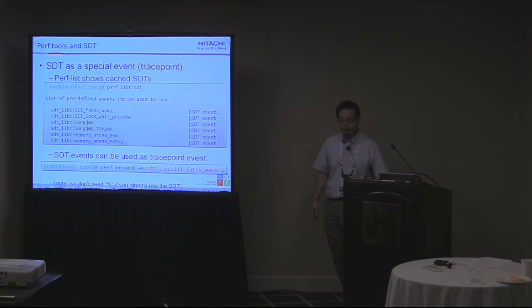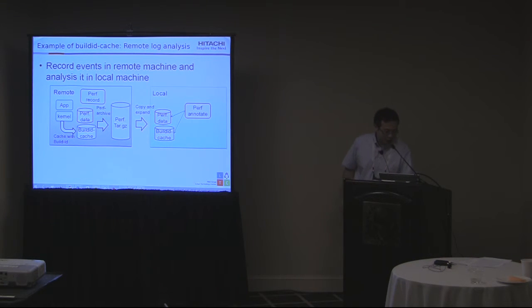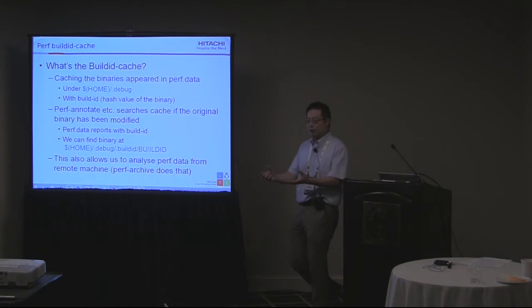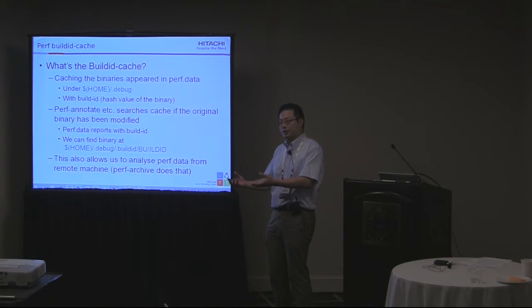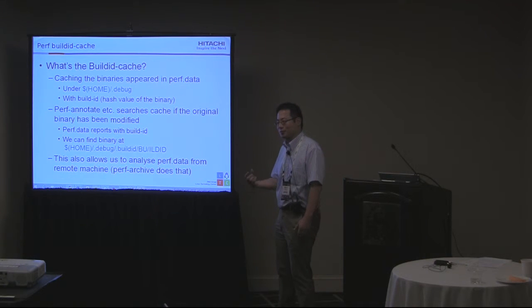How much information do you need to save in the build ID cache? Is it a copy of the debug information completely, or some sections of the debug information? Actually, the build ID cache is just a copy of the ELF binary. So if the ELF binary has a debug info section, it is also copied into the build ID cache.